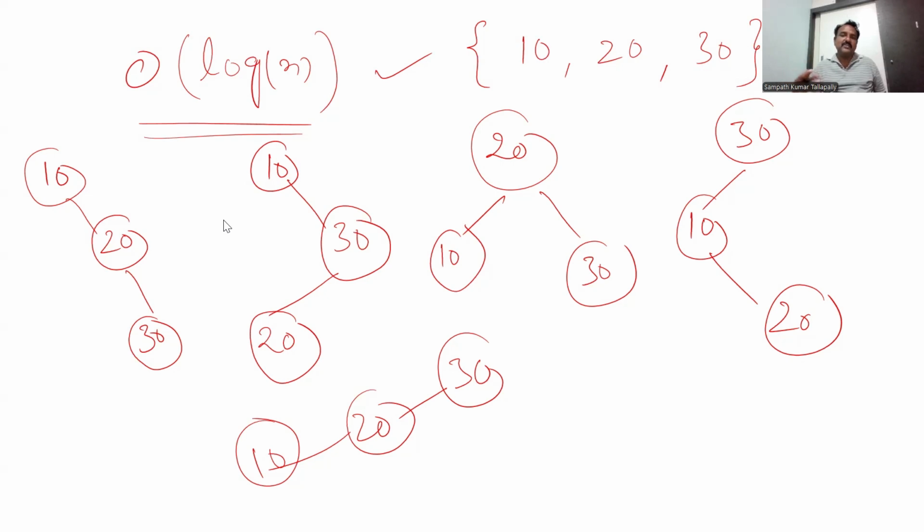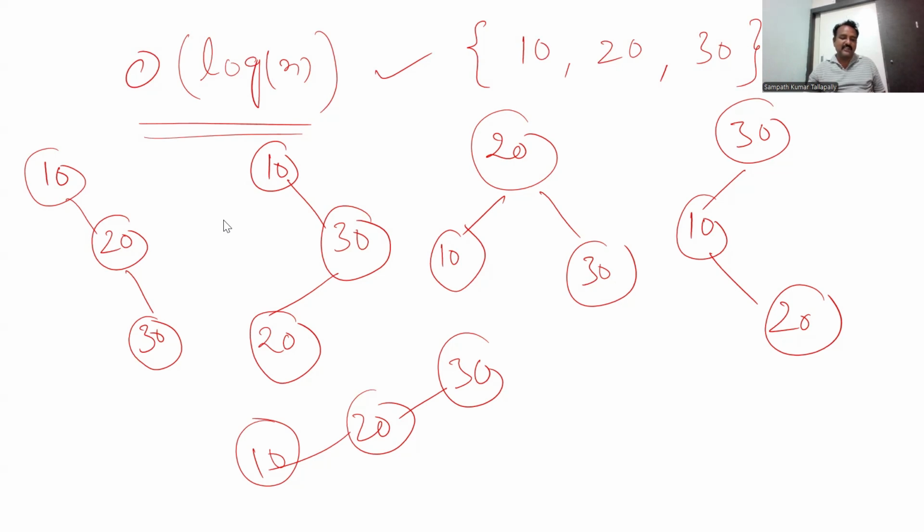Now suppose you have n number of elements onto which I would like to create a binary search tree. We cannot draw them on paper, right? We cannot remember the combinations, and we cannot draw all the combinations at once. So we are going to have a formula.